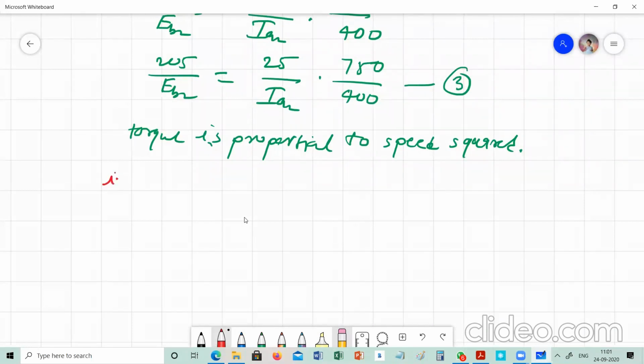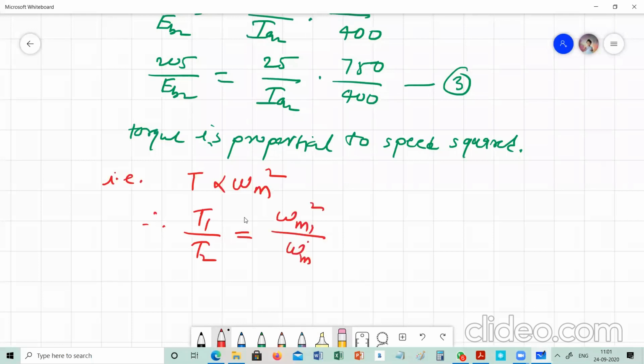That is, torque proportional to omega m square. Therefore T1 by T2 is equal to omega m1 square by omega m2 square.